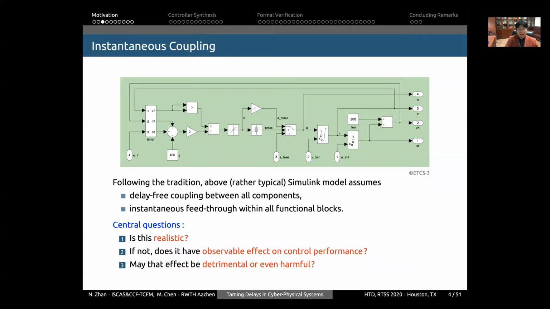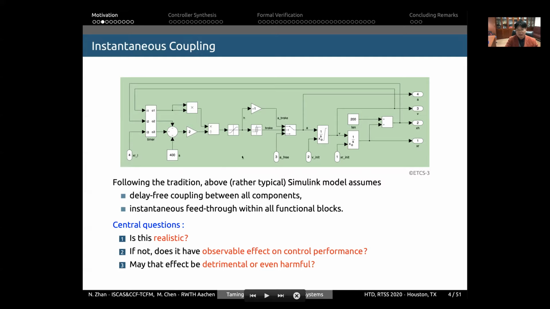The brake subsystem of a car, which is given by Simulink diagrams. So in this Simulink diagram, it is assumed that there is delay-free coupling between all components and instantaneous feed through within all functional blocks.